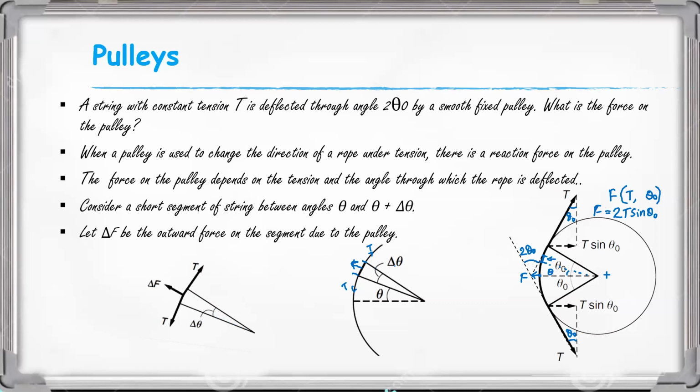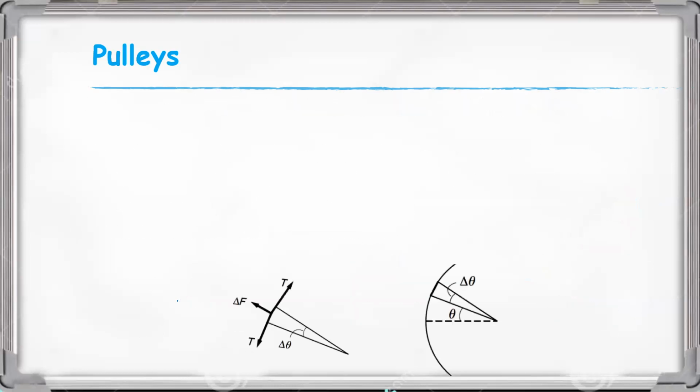This angle is delta theta, and when delta theta is very small, or approximately equal to 0, it must be a point. Then we can consider it as a mass point, or a particle.